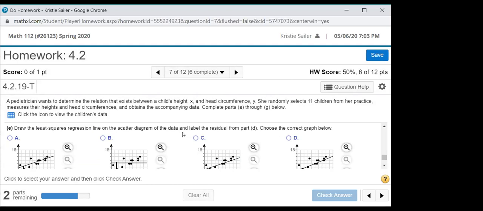If you look at your stat screen, go to your data and your lists, and you should see a list called resid. You might see it in your edit screen. Oh, let's see.